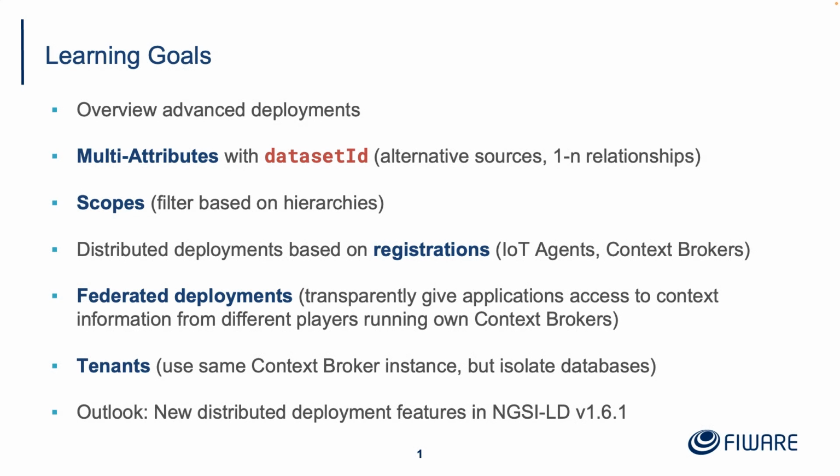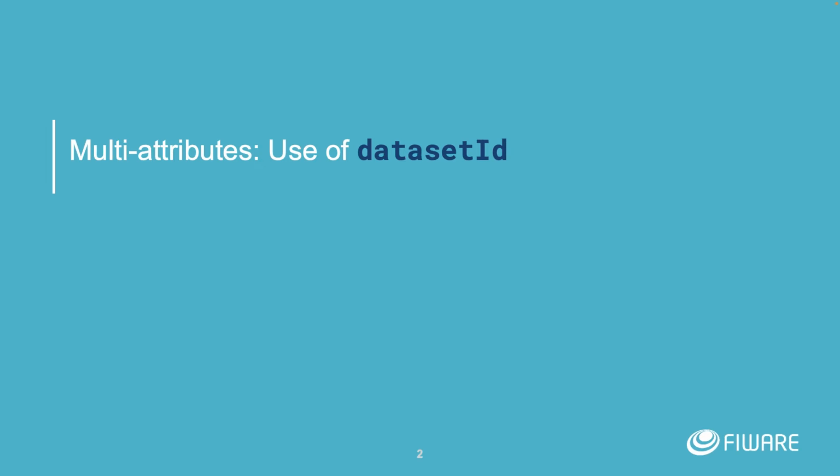Thinking about data spaces, trying to work out how we can move this going forward, as well as things such as federations and tenants and other stuff which may or may not be supported by various different brokers today, but should be in the up and coming roadmap. We've got an awful lot to cover today, so I'm going to move straight in with the first section, which is how to deal with multi-attributes.